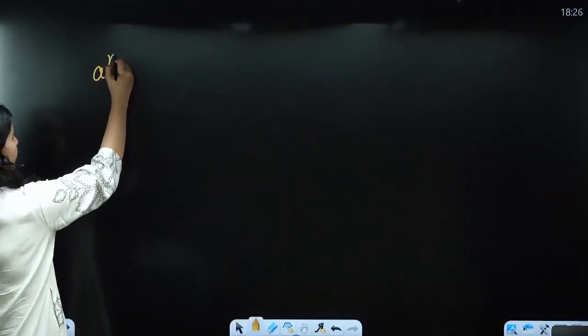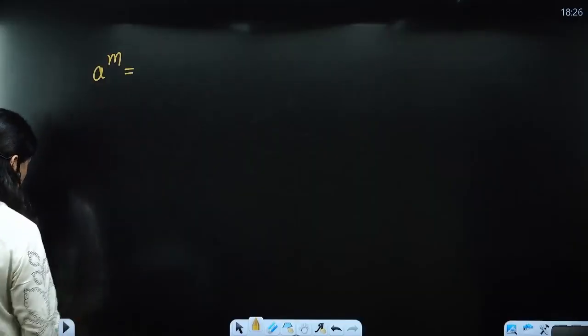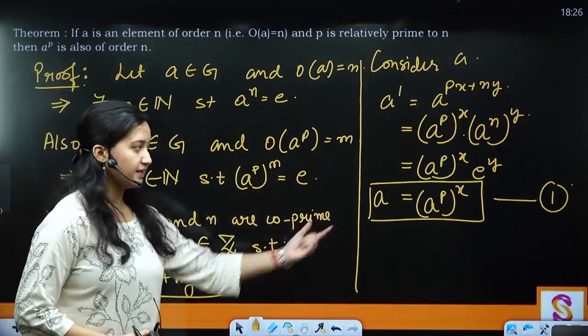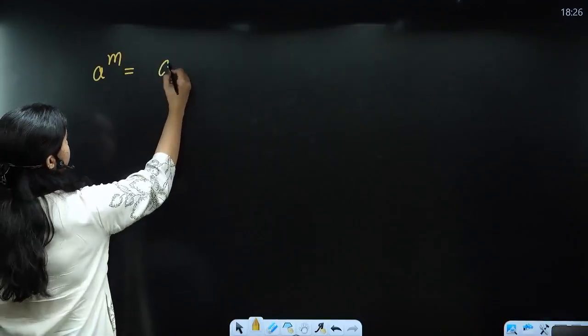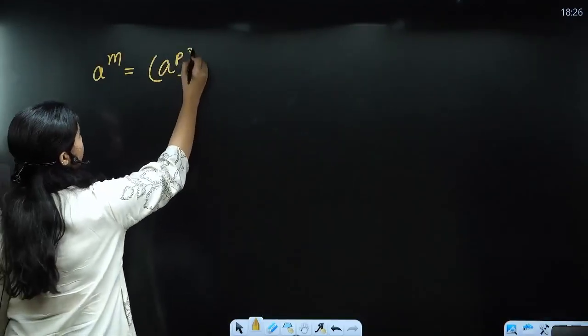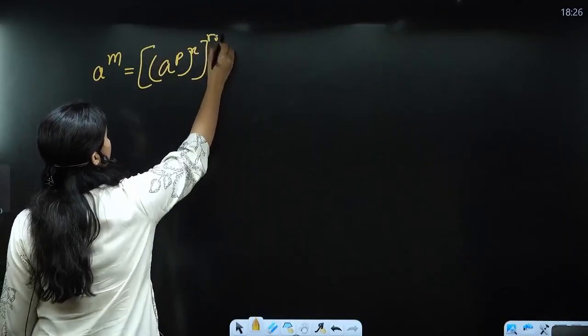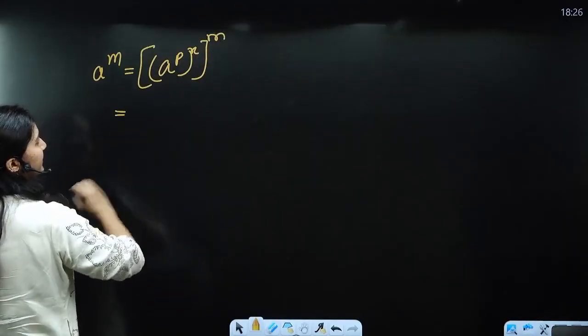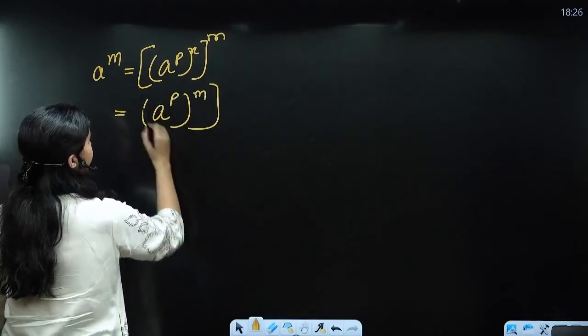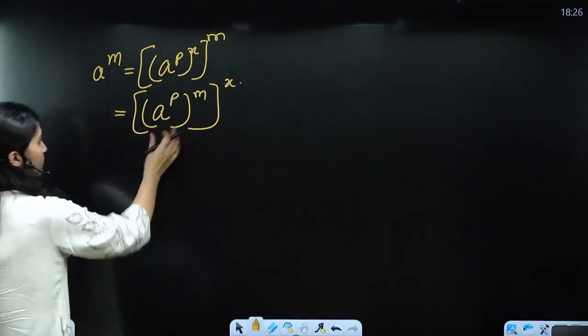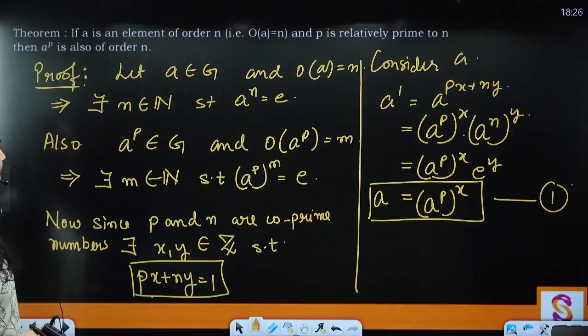Now this can be written as a raised to the power m equals, can I substitute the value of a from here? That is (a raised to the power p) raised to the power x, right? This can be written as ((a raised to the power p) raised to the power x) raised to the power whole m. Now this I can write as ((a raised to the power p) raised to the power m) raised to the power x. Now what is (a raised to the power p) raised to the power m?